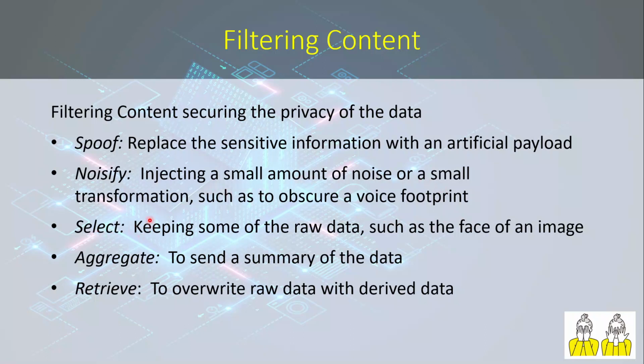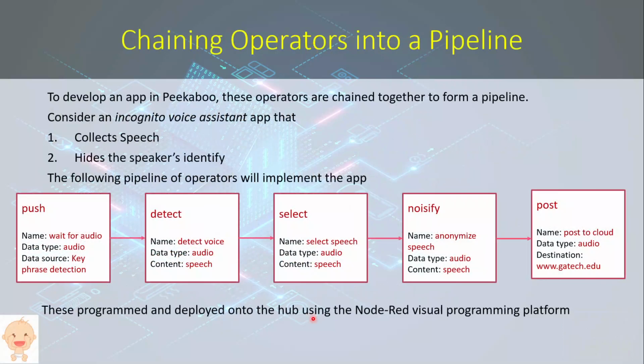The select operation is where we actually select only the relevant data and disregard everything else. Aggregate is where we would just summarize; we would not send the data itself, just a summary. And then retrieve is where we might overwrite certain parts of the raw data with derived data.